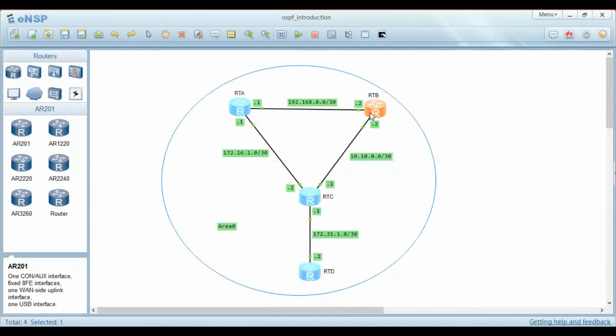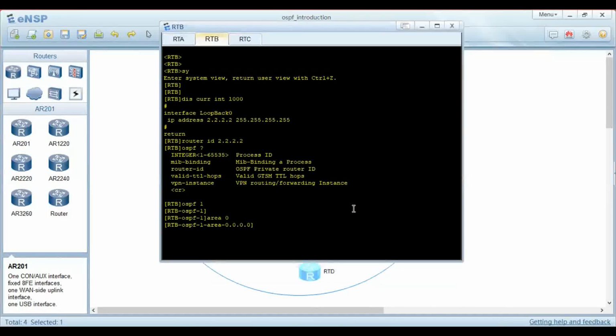The first network to enable is the one facing router A: network 192.168.0.0, and the wildcard mask is still 0.0.0.3.